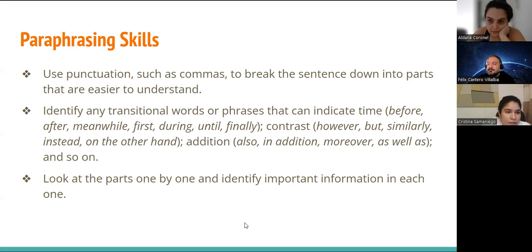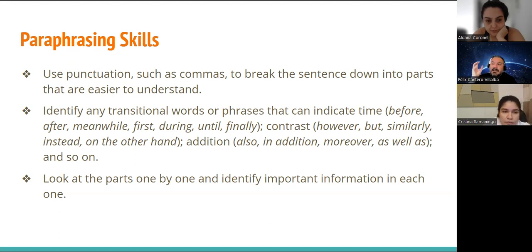Next one. Identify any transitional words or phrases that can indicate time: before, after, meanwhile, first, during, until, finally; contrast: however, but, similarly, instead, on the other hand; addition: also, in addition, moreover, as well as, and so on.